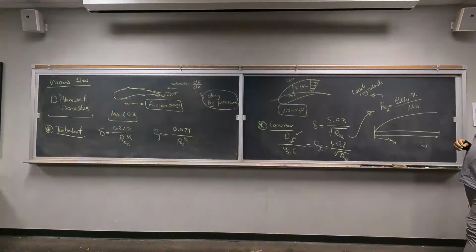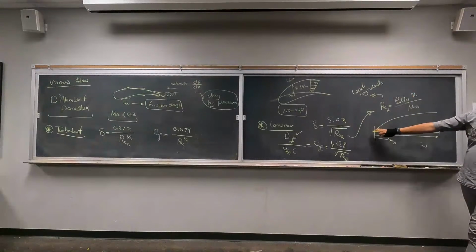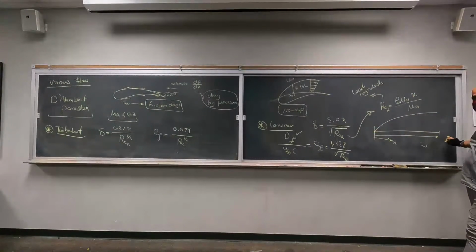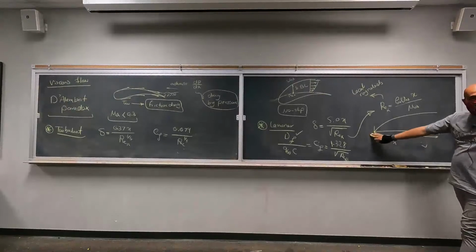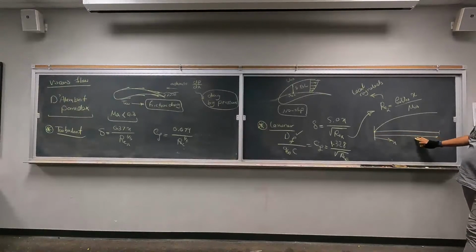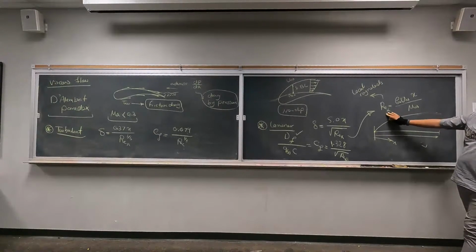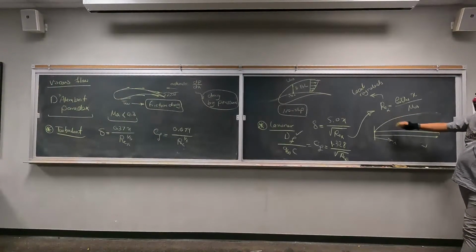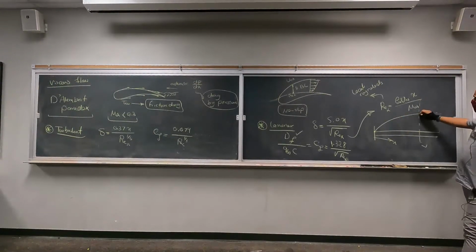We'll talk about it. But let's say your U infinity is small, but your plate is long enough. You will start with a laminar boundary layer, but at some point you will transition to a turbulent boundary layer because your Reynolds number is going to become high enough, right? So there will be a transition point.